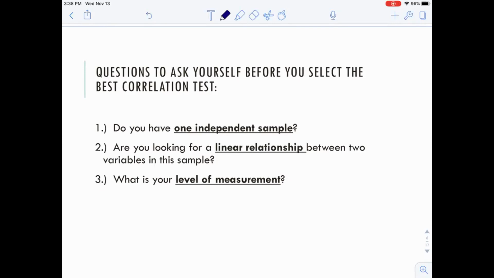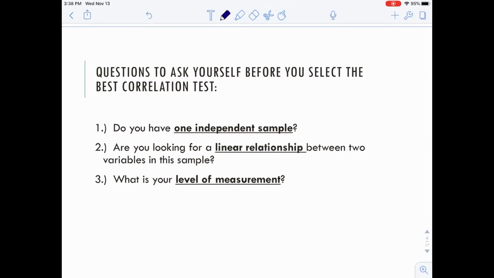Are you looking for a linear relationship between 2 variables in the sample? Whether we have a linear or a nonlinear relationship is going to dictate which test to use. Okay, and it's on the next slide, otherwise I'd write it down.